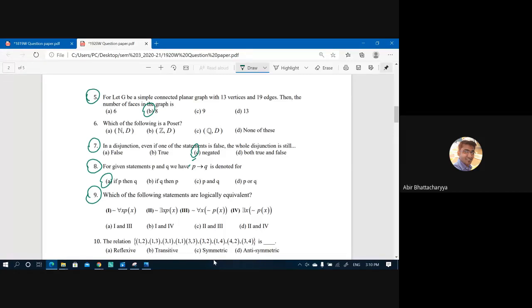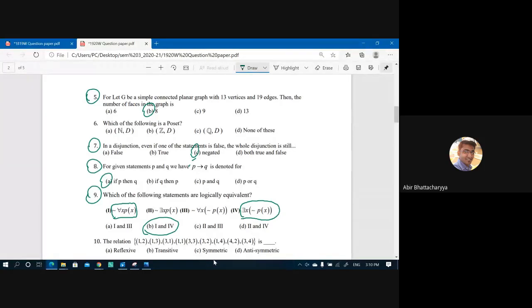Number 9 is actually De Morgan's law using quantifiers. Go for this one first. The negation of for all x, P(x), should be equivalent to there exists x, negation of P(x). So 1 is equivalent to 4. 1 and 4 are equivalent to each other. That means option B. So 9, option B is correct.